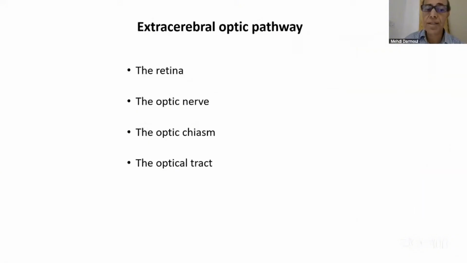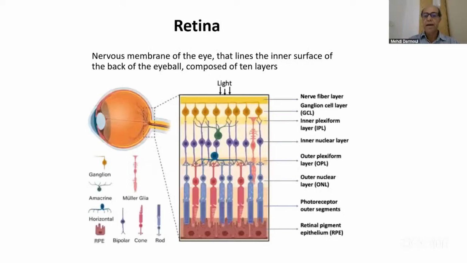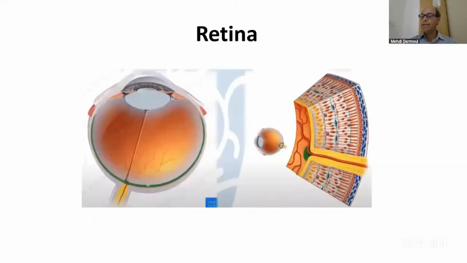We start with the extracerebral optic pathway. We distinguish the retina, the optic nerve, the optic chiasm, and the optic tract. The retina is a nervous membrane of the eye that lines the inner surface of the back of the eyeball, composed of 10 layers.